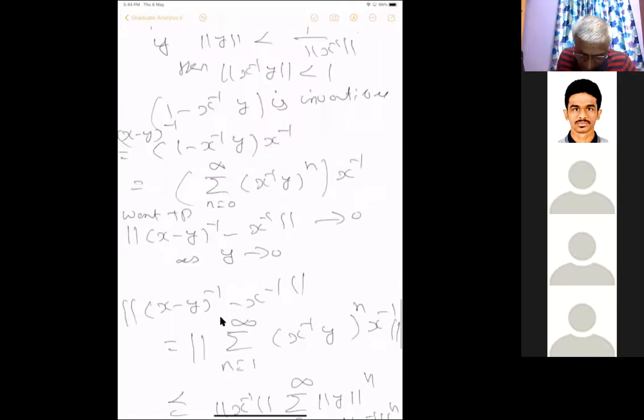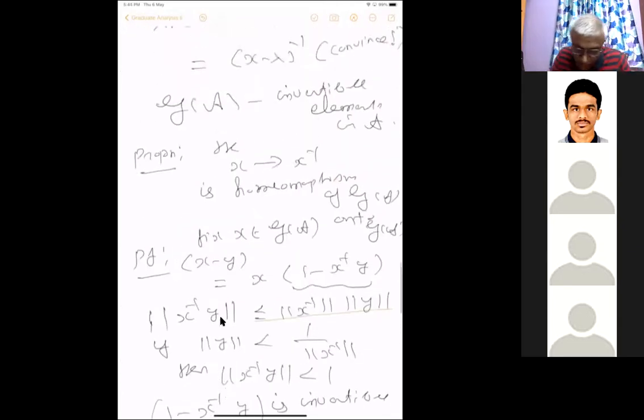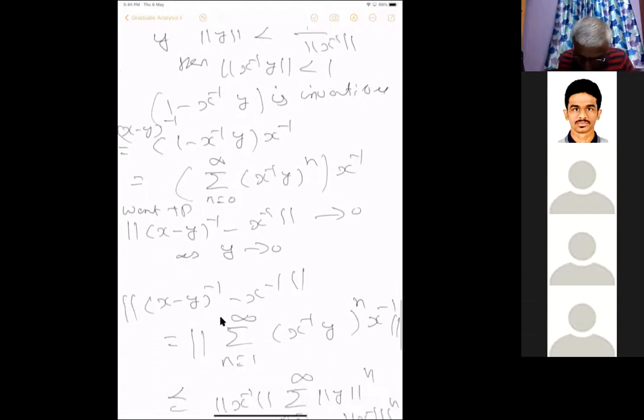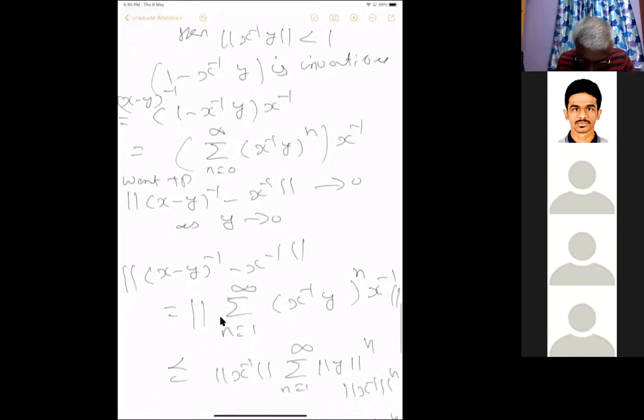Okay? Maybe I will discuss again. We want to prove that the map x goes to x inverse is continuous. So to prove that, it is enough to prove this statement, that this goes to 0. That's what we want to prove.